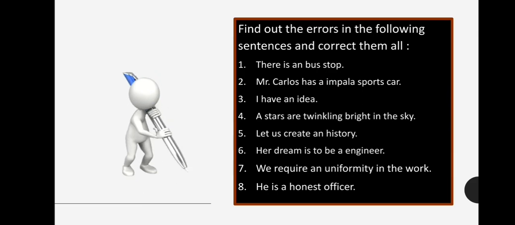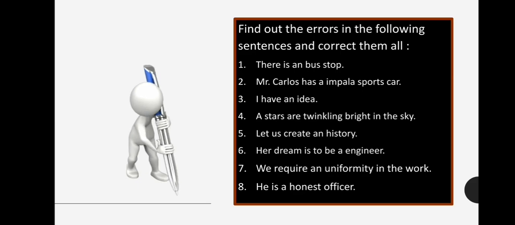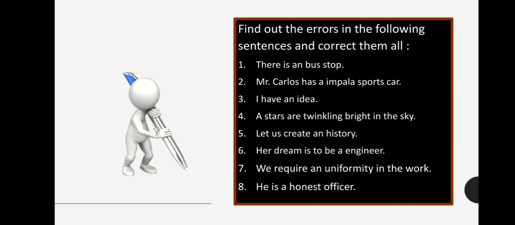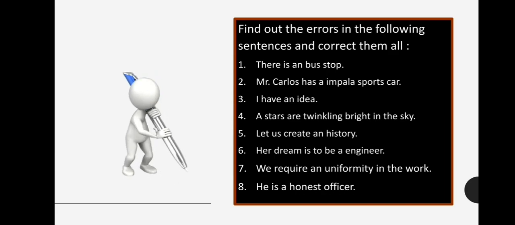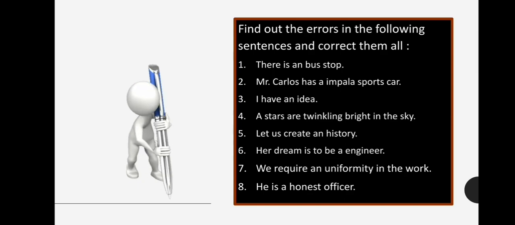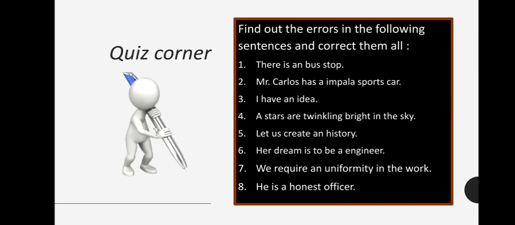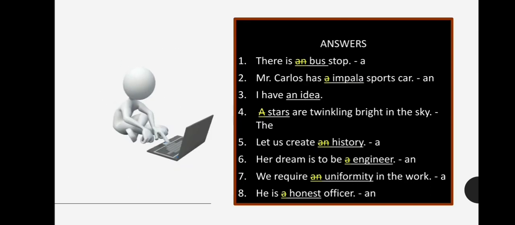Please, all the viewers, I would like you to give time to your brain and understand. Pause the video here and see each and every sentence and find out all the errors possible by you. Alright, now we are going ahead to see the answers. The first one was, there is an bus stop.